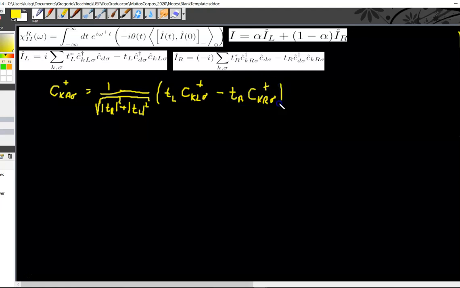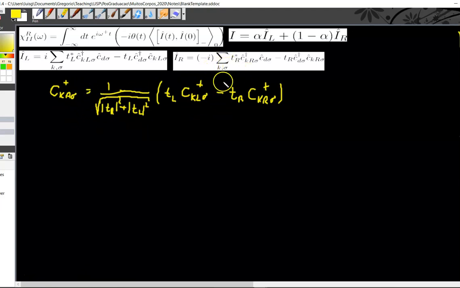So I could also define the symmetric combination of these operators. That would be a plus here. These two are like rotating, in a sense, these operators to this other basis. And why is this important?